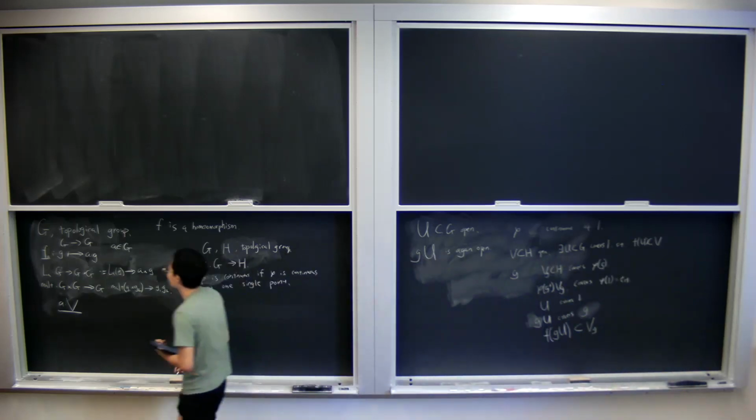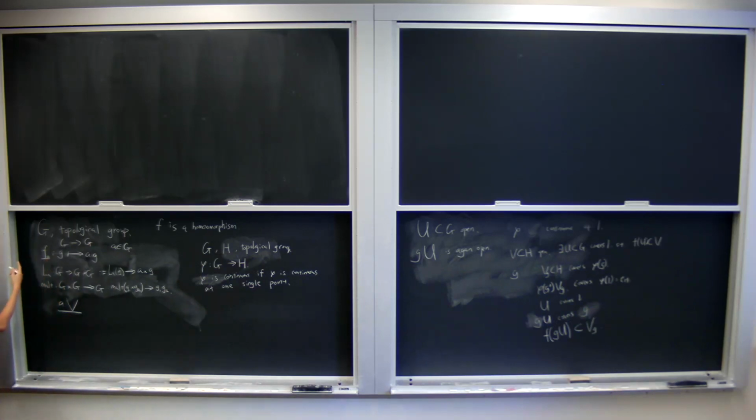So we know that this map, left translation, is a homeomorphism. So this is also a continuous map, so it maps compact sets to compact sets.